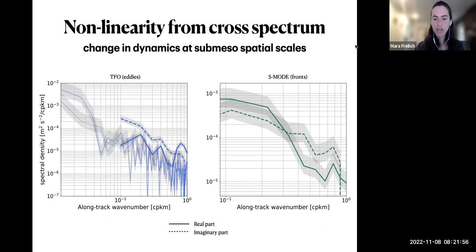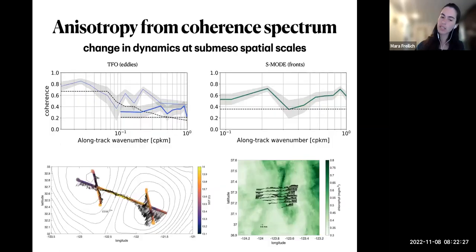And then if we look at the cross spectrum, here I've divided the cross spectrum itself, between a long track and a cross track velocity, into the real part in the solid lines and the imaginary part in the dashed lines. And I should say in the eddy observations, the reason I have these thin and thick lines is that the planes flew some long transects, which are really nice for looking at the energy all the way out to the mesoscale, and some shorter transects.